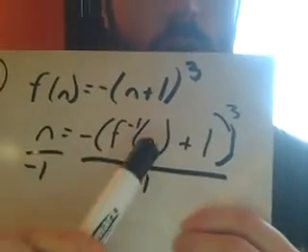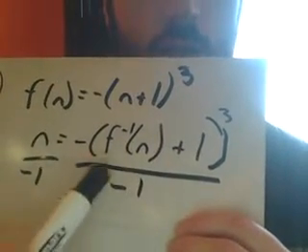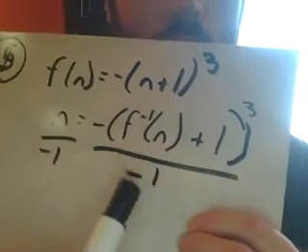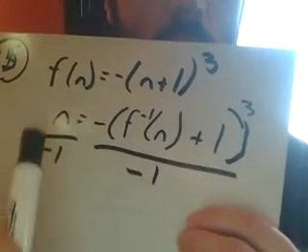And that will get rid of the negative sign over here. So we're left with just this as a positive. And on the other side, n divided by -1 is just simply negative n. So this is what you should have.